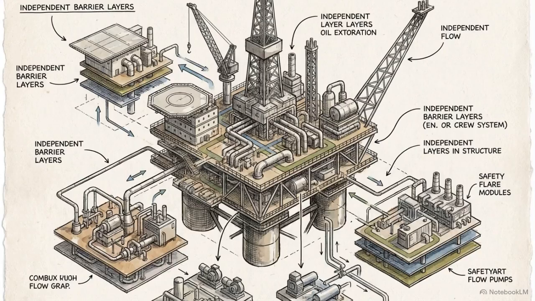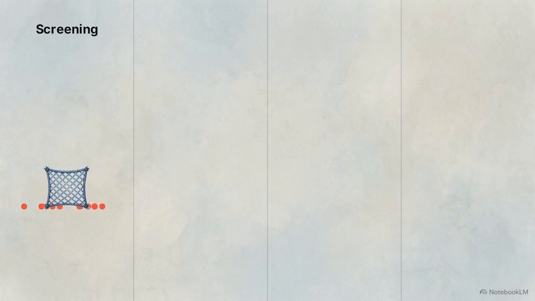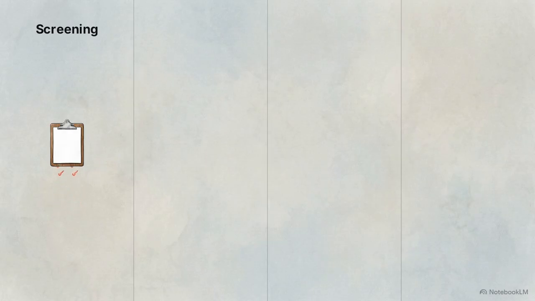Accurately mapping this architecture requires choosing the right diagnostic tools for the specific phase of a project's lifecycle. During early concept and screening phases, teams rely on HAZID, or hazard identification, and simple checklists. HAZID is a high-level qualitative technique used to catch broad, unknown vulnerabilities before a design is finalized.